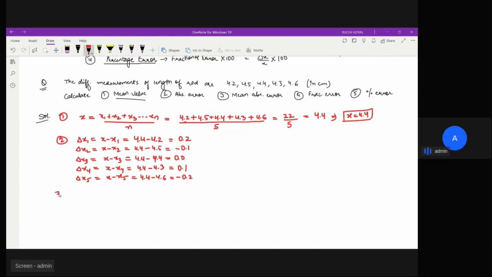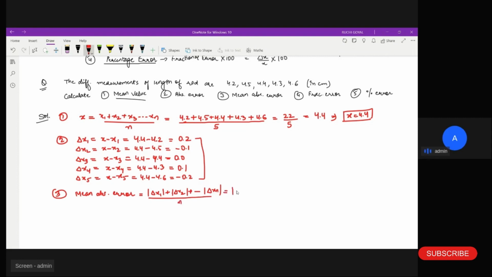Now in the third part we calculate the mean absolute error. You sum the magnitudes of delta x1, delta x2 and so on up to delta xn, divided by n.